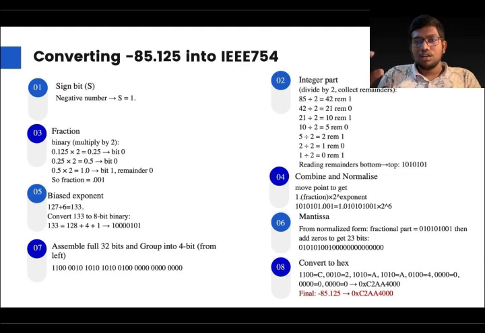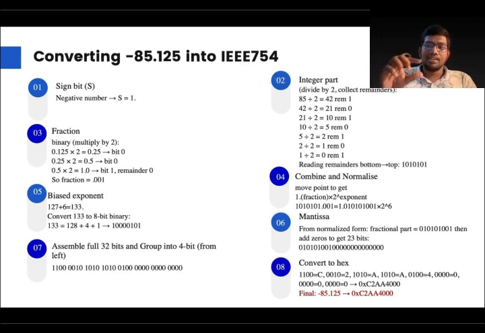Now we divide 42 again by 2, so we get 21 and remainder 0. Then 21 is divided by 2, it gives 10 and remainder 1. Then 10 is divided by 2, it gives 5 and remainder 0. 5 is divided by 2 and it gives 2, remainder 1. Now 2 is divided by 2, it gives 1, remainder 0. And when 1 is divided by 2, it gives us 0, remainder 1.